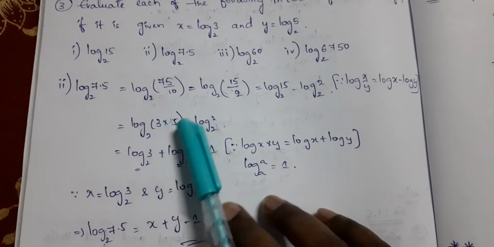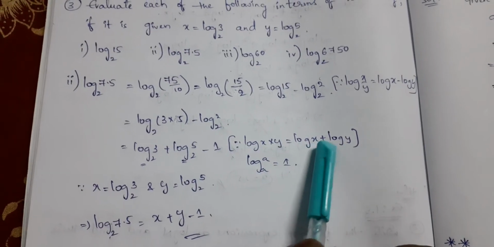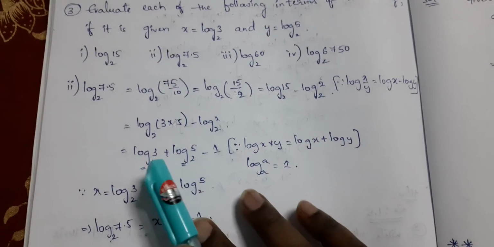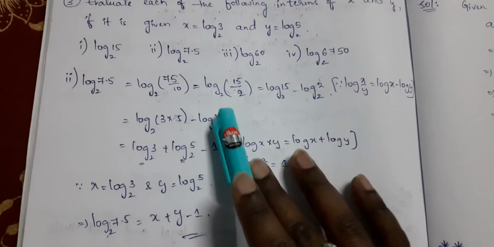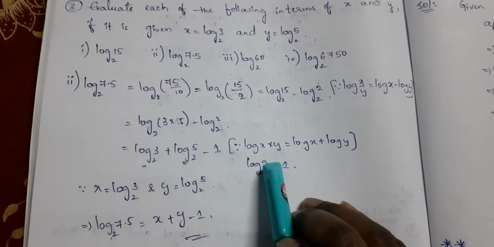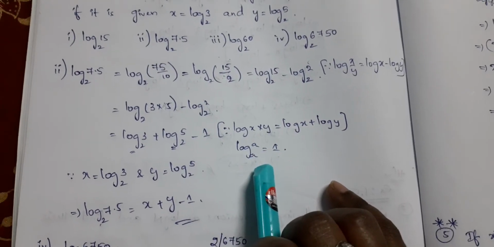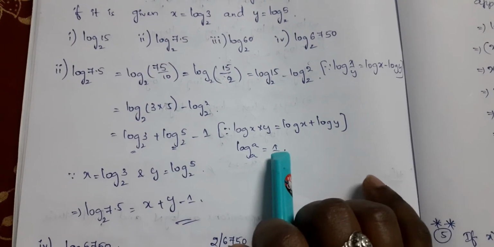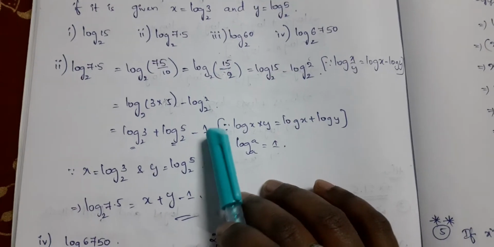This log of 3 into 5 is in the form of log of x into y, so I'm converting it again: log x plus log y, meaning log 3 base 2 plus log 5 base 2 minus this value, log a base a. I already explained that if the number and base are equal, then that value becomes 1. So log 2 base 2 is equal to 1, and I am substituting that.